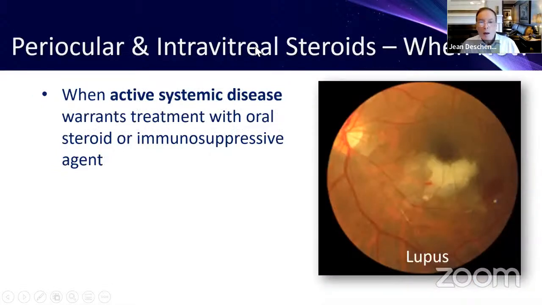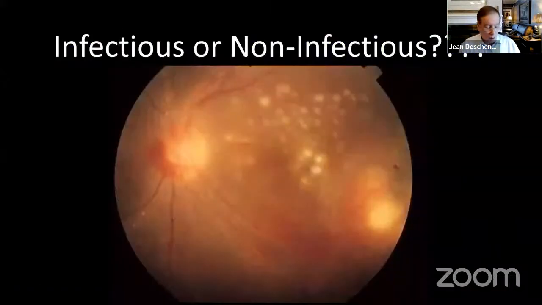Now, when shall we not use periocular or intravitreal corticosteroid? When there's an active systemic disease, which should be treated with oral corticosteroid or immunosuppressive. This is an example of a patient with lupus, better treated with a systemic treatment.